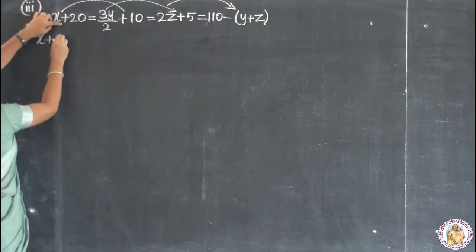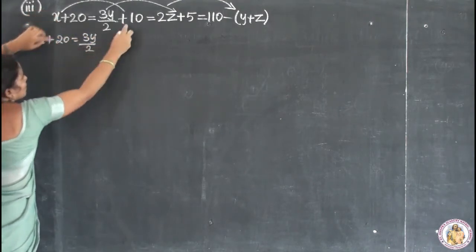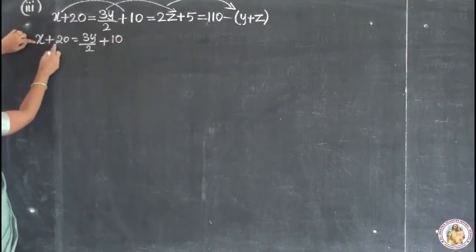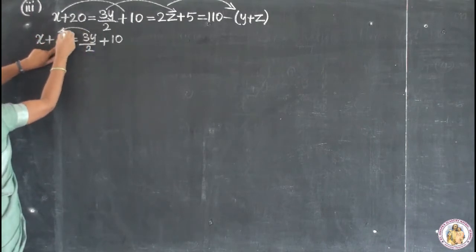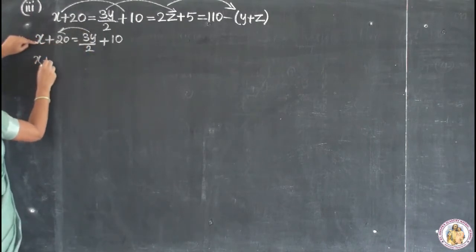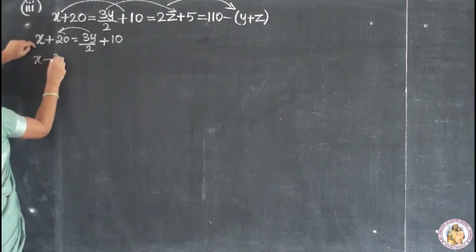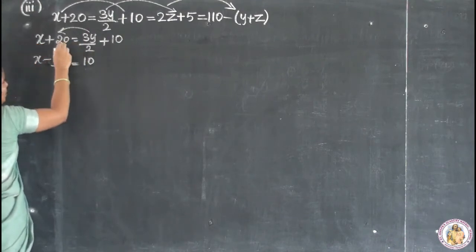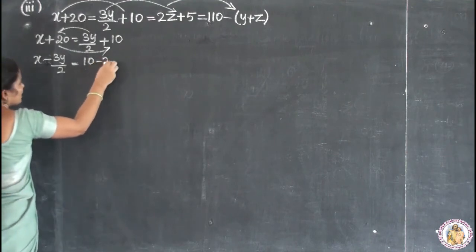X plus 20 is equal to 3y by 2 plus 10. Okay, and here you can see x plus 20. Take this variable here, that is x, and 3y by 2 will become minus 3y by 2, is equal to 10. 20 when it goes to the right side will become minus 20.